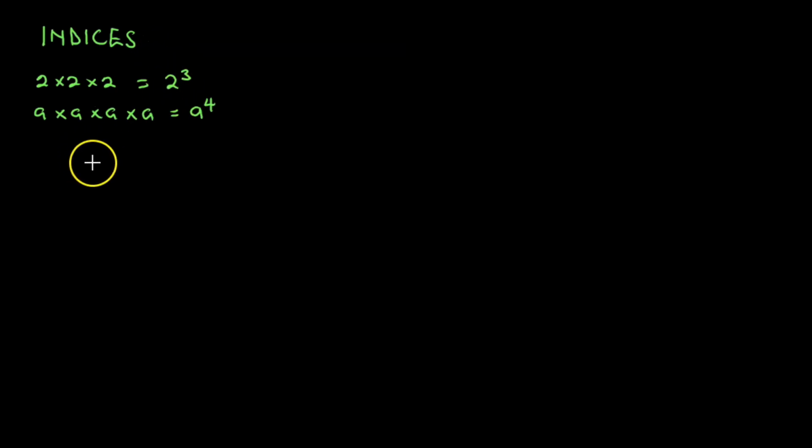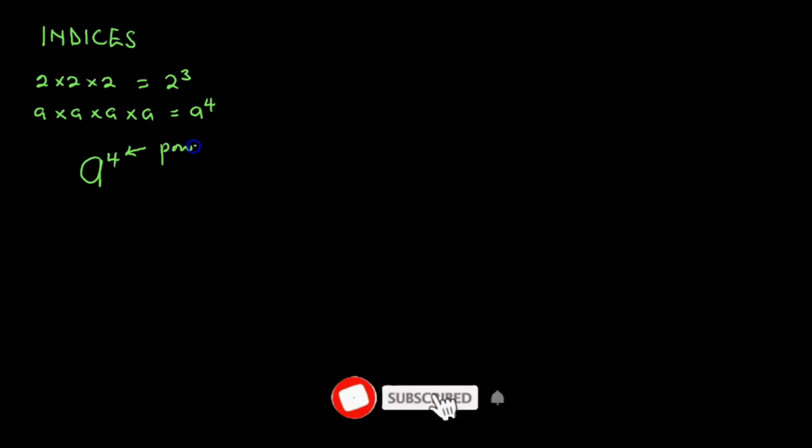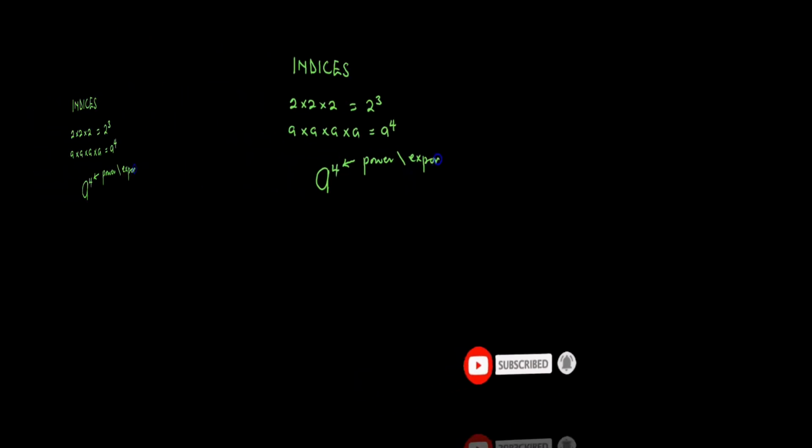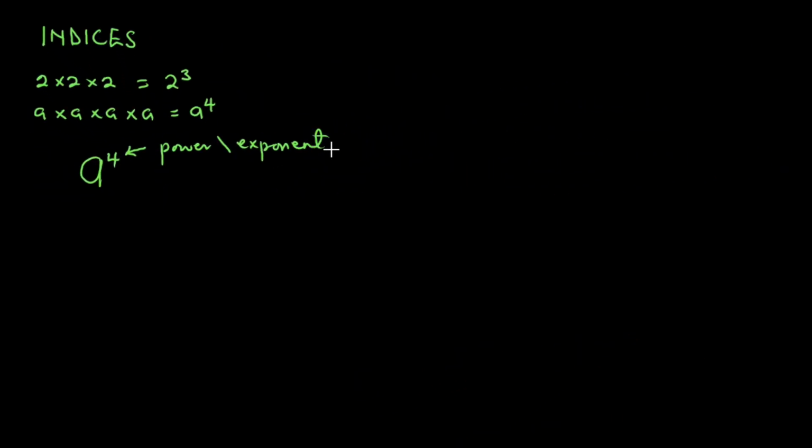Now, when you have any expression written in the exponential form, such as a to the power 4 as you've just seen, the number 4 represents the power. In other words, you can also say that it is the exponent, and you can also call it the degree. Then the value a is classified as the base.